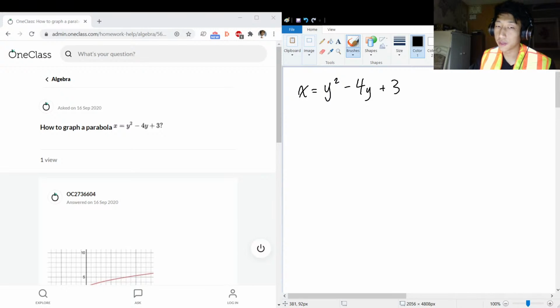Now let's see if we can factor the right side of the equation to see where our y-intercepts are.